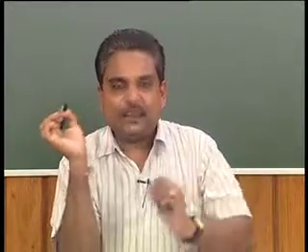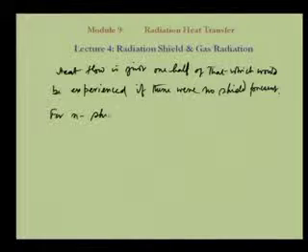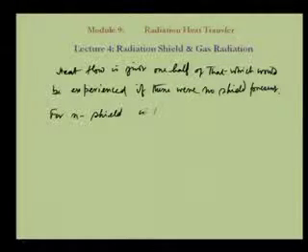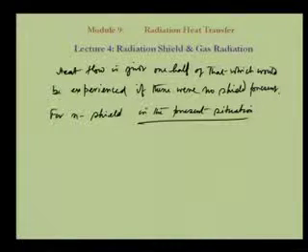If we put n number of shields, then the situation becomes different. The situation would be different for different cases, because in the present situation there are a lot of assumptions: the large plates have view factors of 1, their areas are the same, and their emissivities are also the same.